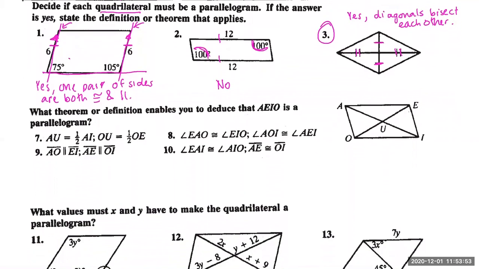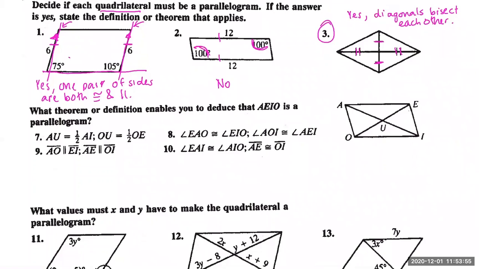Okay, sometimes your pictures are given to you guys in terms of statements, and then it's just one picture. So step 7, 8, 9, 10 is just yes or no as well. Let's say on question 7, you guys are given AU is half of AI as well as OU is half of OE.